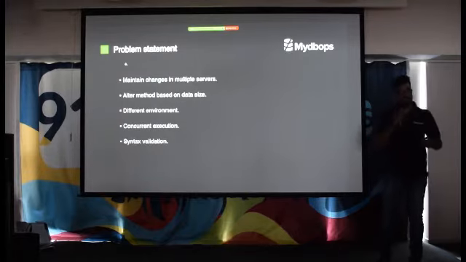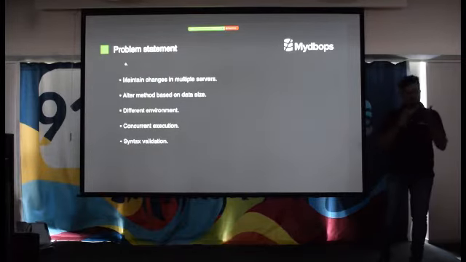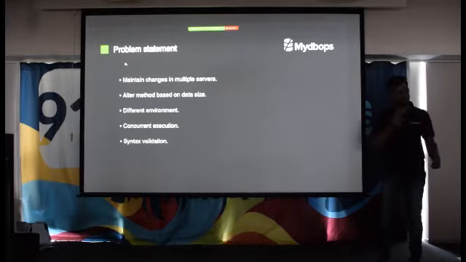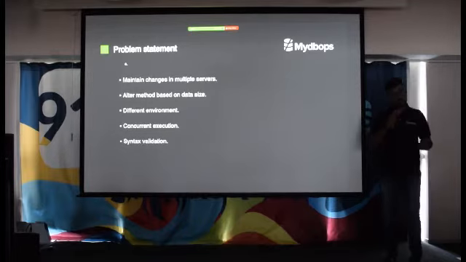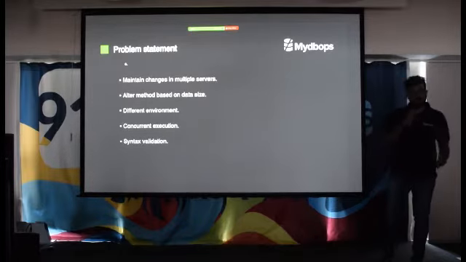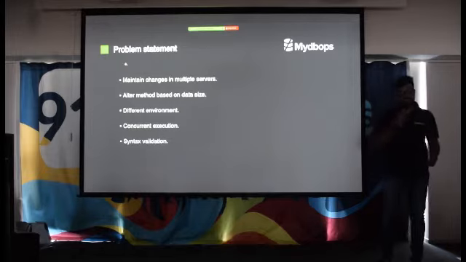First we need to test everything in QA as well as in test, and once it is deployed successfully with no issue, we move on to production. That kind of environment maintenance is also there.